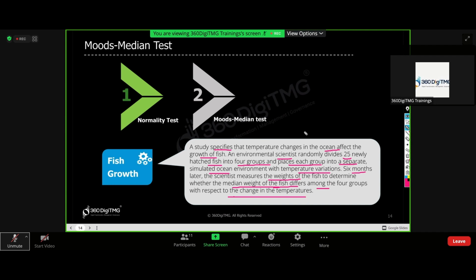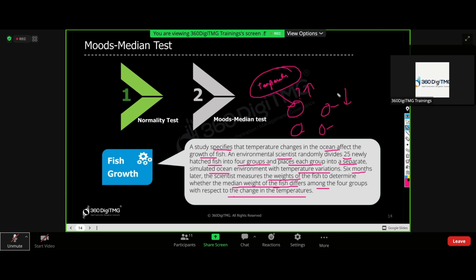So obviously, if you take one of these groups randomly and put it into different environmental or temperature conditions, and then you weigh those fish, what is the weight of this fish as compared to this and this? And when you take an average, obviously you will identify the effect of this temperature.